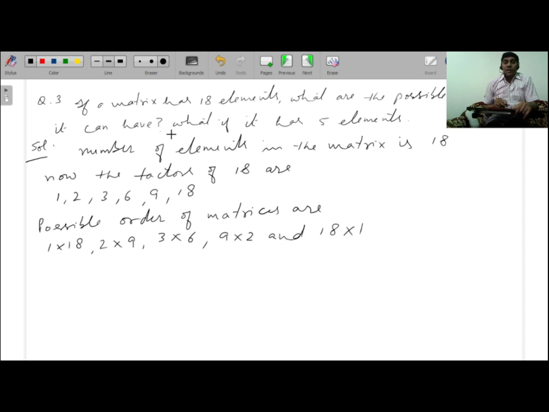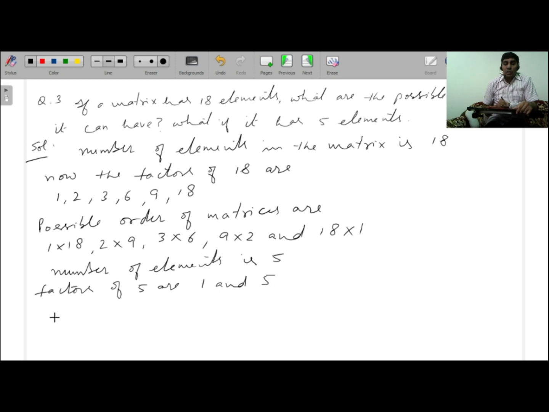Further, if a matrix has 5 elements, 5 is a prime number. Factors of 5 are 1 and 5.